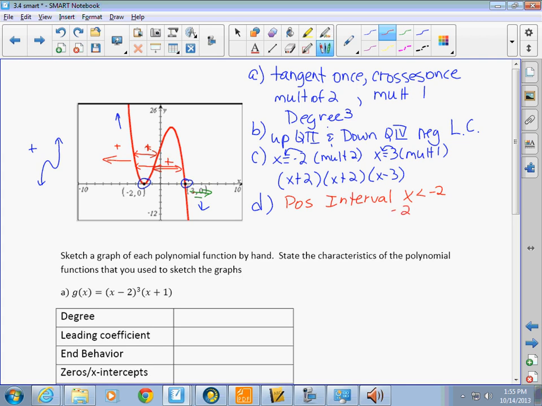So between negative 2 and 3, and then it was negative after 3, so everything greater than 3.